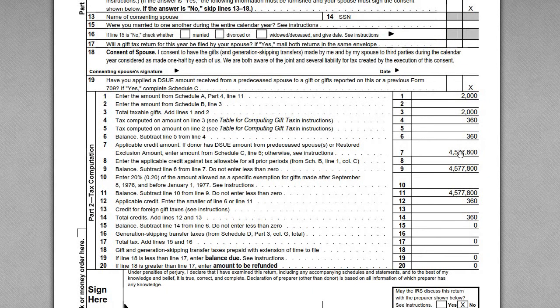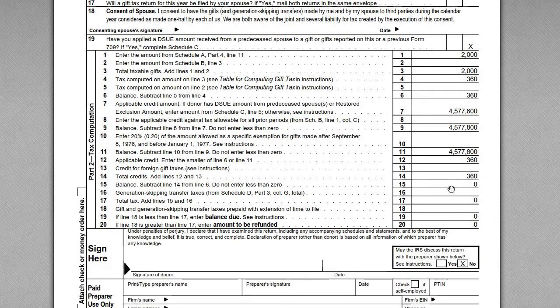So this is the amount of tax that would be computed on that lifetime exemption, so $4.5 million. So when James computes his tax here on line 4, $360, the $360 chips away at this $4.5 million. So unless you have gifts in the current year and taxable gifts rolling forward from prior periods, unless you have gift tax that starts to exceed this amount, you're not actually going to owe any tax for the current period.